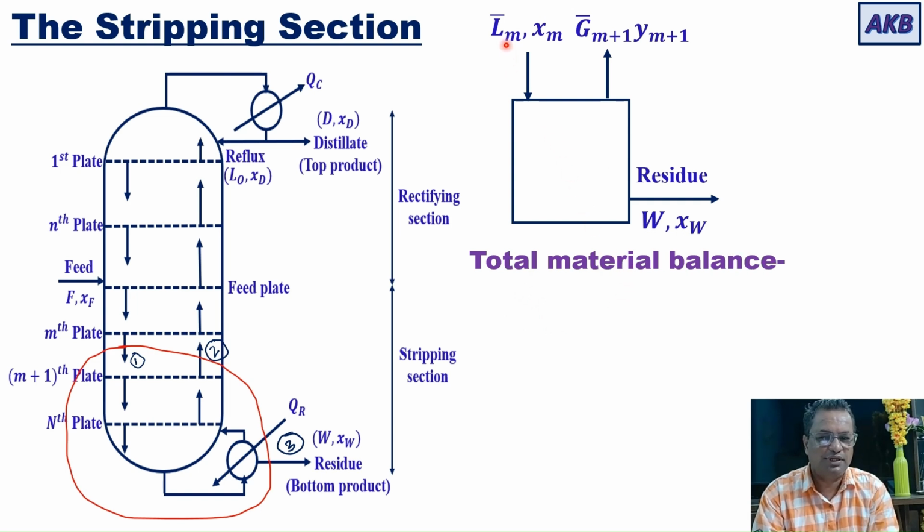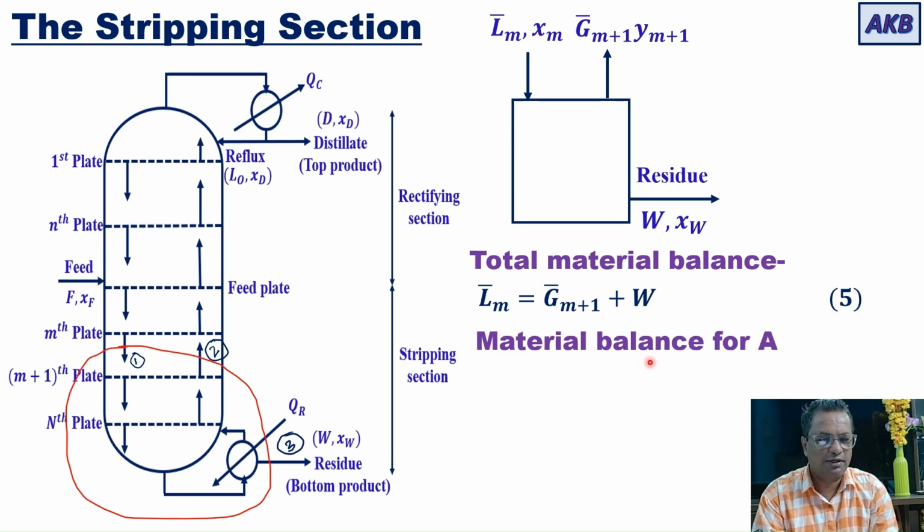Okay, so again we will write the total material balance at steady state. It will be simply L bar M is equal to G bar M+1 plus W. Let us call this equation number 5. And then we will be writing the material balance for A. It will be simply L bar M into XM, that is equal to G bar M+1 into YM+1 plus W into XW.